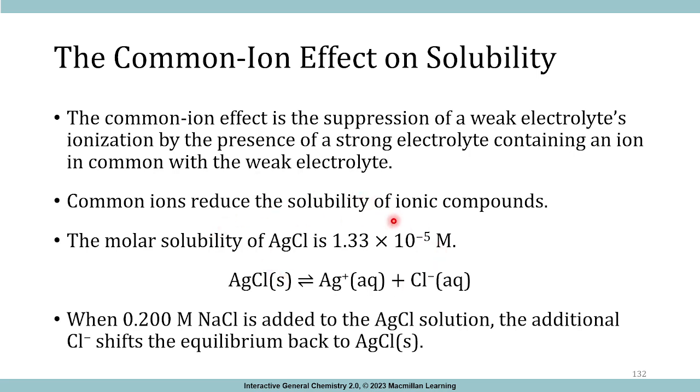So this is going to reduce its solubility. It's going to make it harder for this to dissociate, isn't it? Or another way of saying that is it's going to go backwards towards the silver chloride much faster.